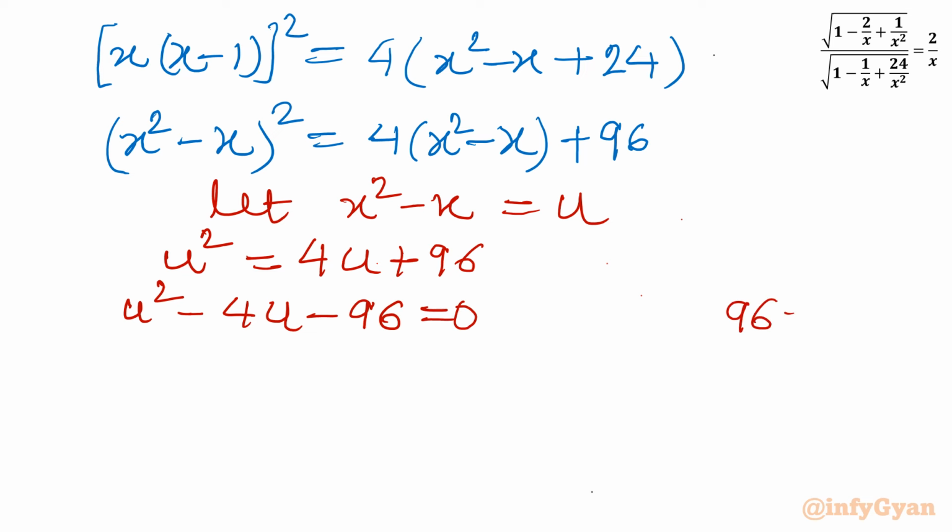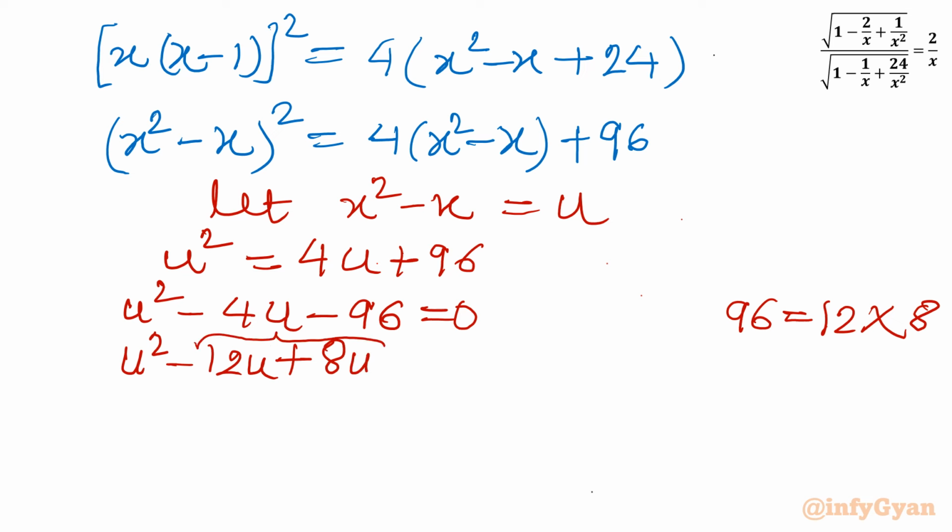Factors of 96, we know, are 12 times 8. So I can split our middle term as minus 12u plus 8u. This is our negative 4u, and minus 96 equal to 0.